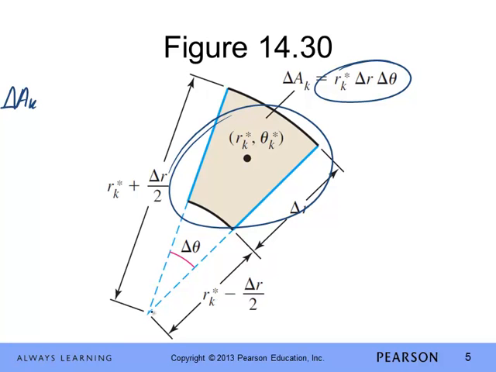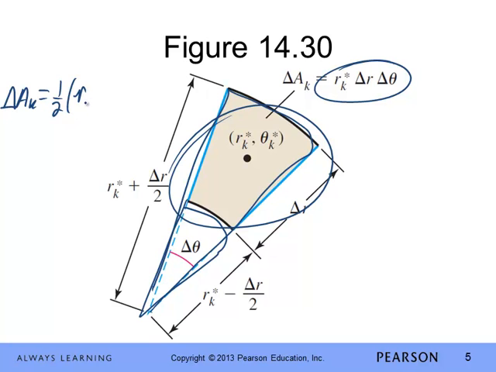Well, it's the area of the big sector minus the area of the smaller sector. Now, the area of the big sector is 1/2 times what they call r star sub k plus delta r over 2 squared, and then times delta theta.